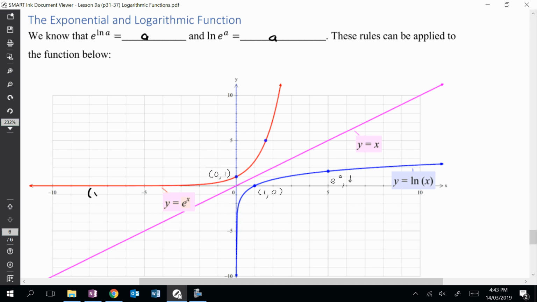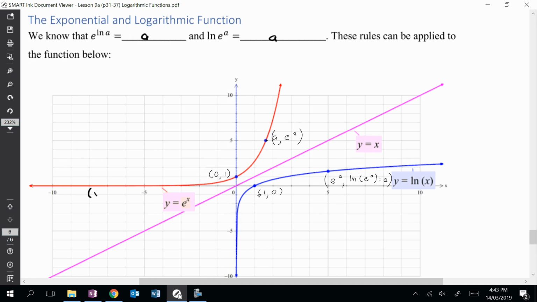And so then I can say this is ln of e to the power of A, which is just A. But here, this is my point, and I could say this is A, e to the power of A.